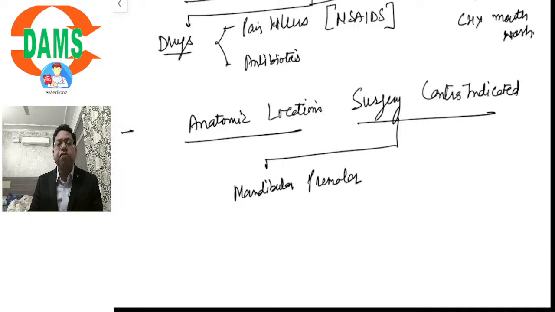Why premolar region? Because just below the mandibular premolar, especially the mandibular second premolar, we have a mental foramen. And if we attempt periradicular surgery, we are likely to damage the nerve there. Due to proximity to the mental foramen.